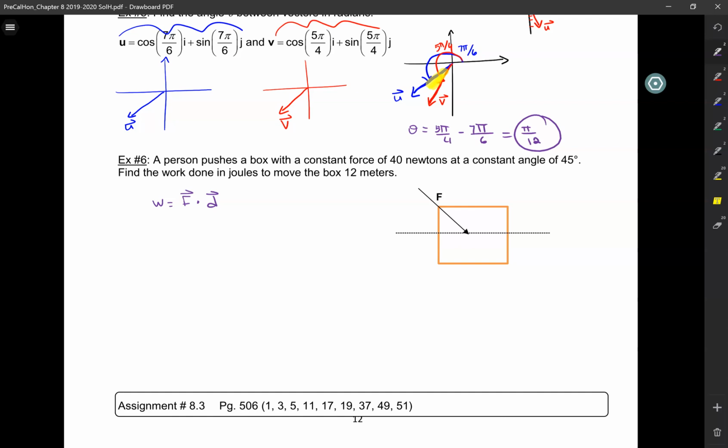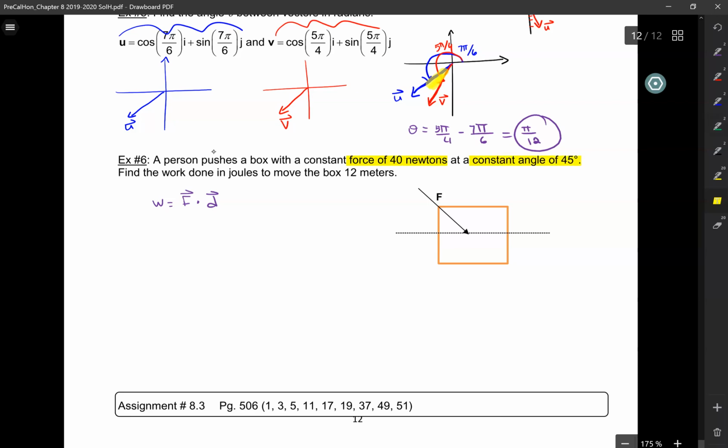So if this is moving horizontally, then only the horizontal component of the force contributes to the work. Here, a person is pushing a box with a constant force of 40 newtons at a constant angle of 45 degrees.